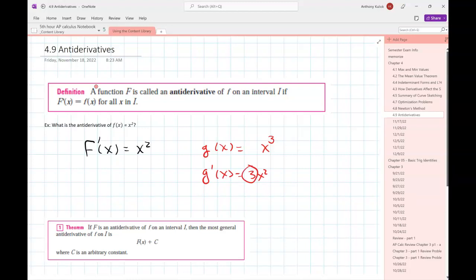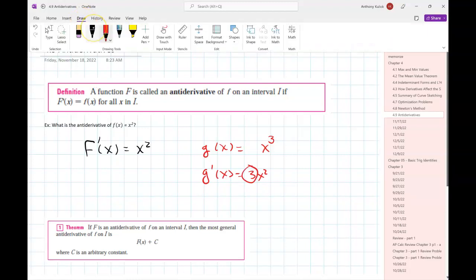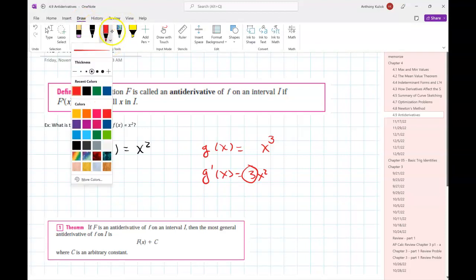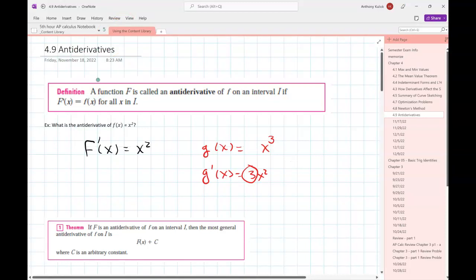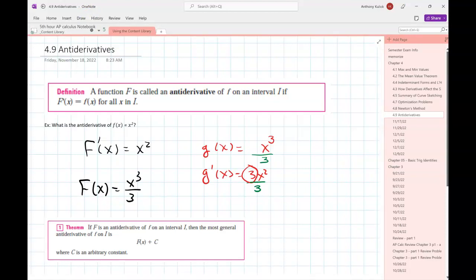So what should my original function have in order to get rid of that 3? Needs a divide by 3, right? So F of x here should be x cubed divided by 3. Everybody agree with that?